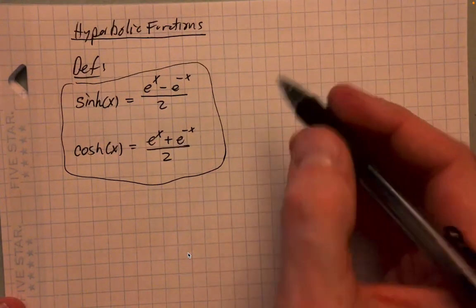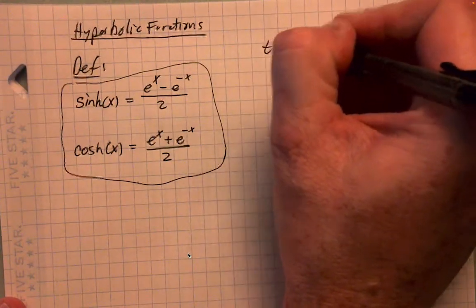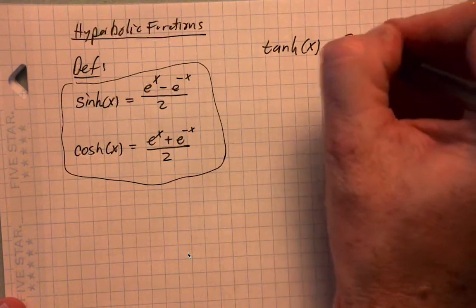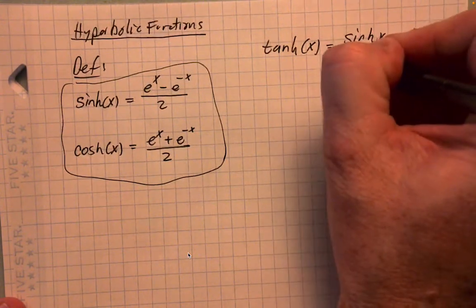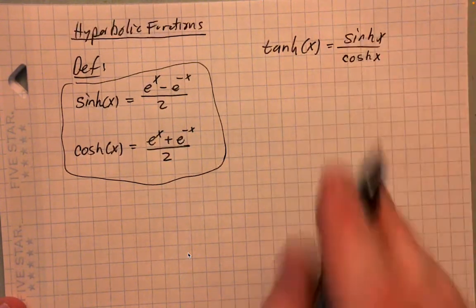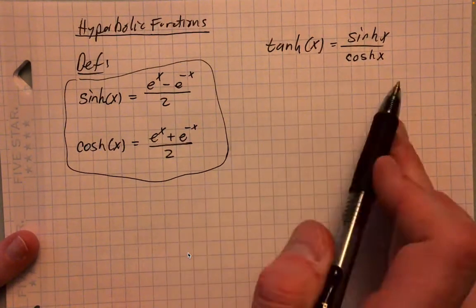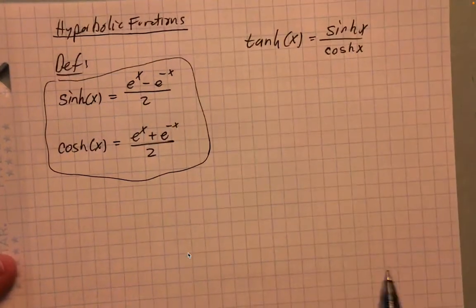So, for example, the hyperbolic tangent is equal to the hyperbolic sine over the hyperbolic cosine, similar to what you'd expect from your regular trigonometry.